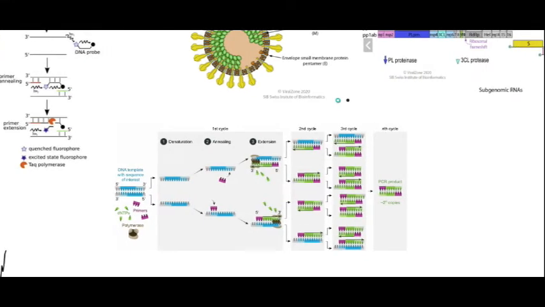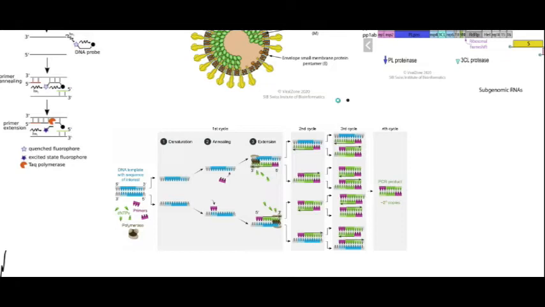So you take your DNA, so in this case, since this virus is actually an RNA virus, they might make a cDNA from that mRNA, and then they can do PCR on that. But what essentially it is, you denature the DNA, which is essentially increasing the temperature so that each strand separates from each other.